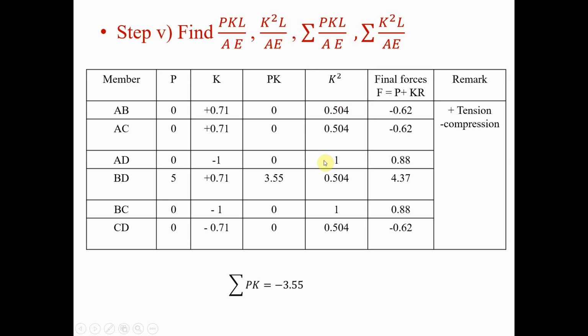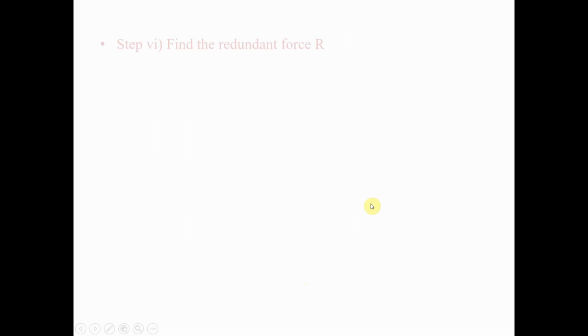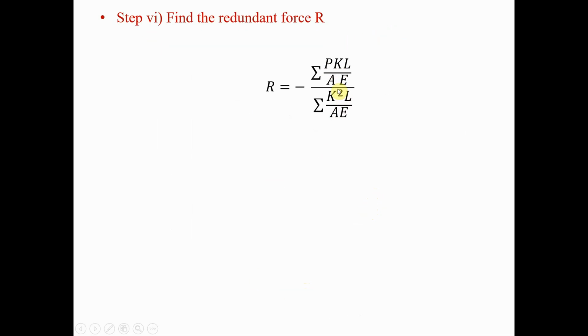Since L upon AE is constant, we can just find the summation of PK by taking the summation of this column, which is equal to minus 3.55, and summation K square is equal to 4.016. Now let us find the redundant force, which is the last step of this analysis. R is equal to summation PKL upon AE divided by summation K square L upon AE. Since L upon AE is constant, R is equal to minus summation PK upon summation K square. We got here 0.88, which is minus.